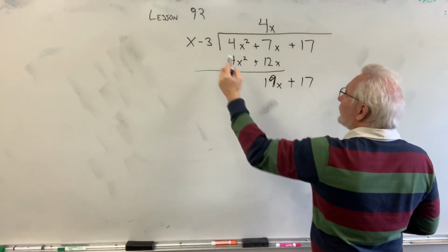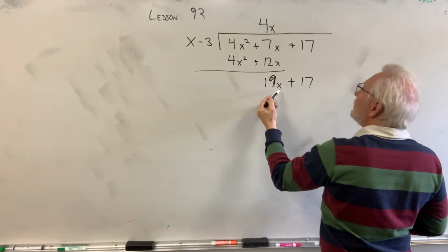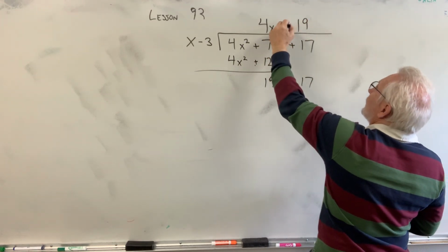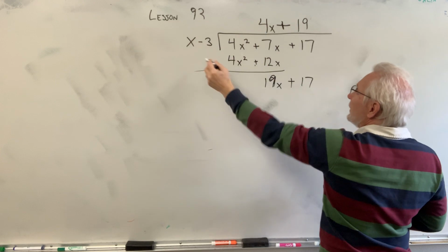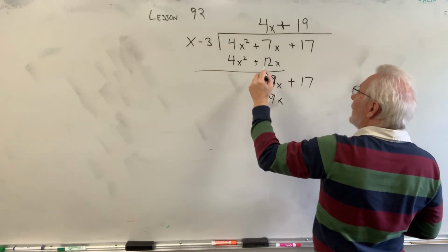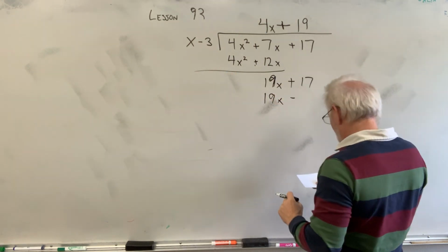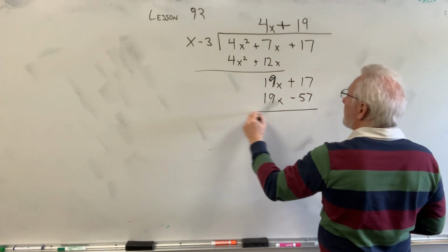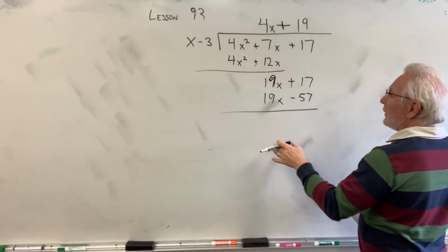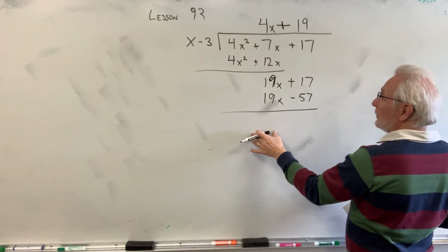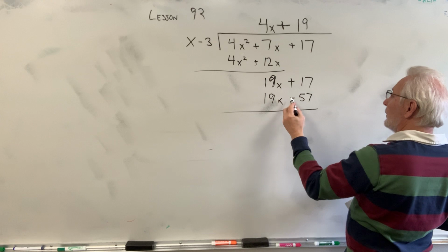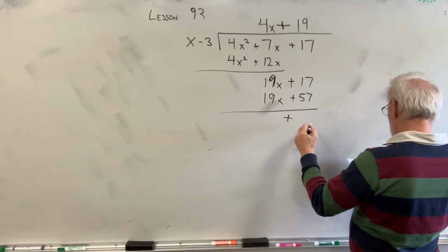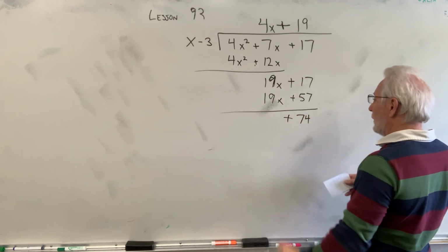Again, what times x will give me 19? Correct answer here is plus 19. 19 times x is 19x. And times a negative, that comes out to 57. 19x minus 19x is going to give me 0. Again, subtracting a negative is the same thing as adding a positive, so I end up with plus 74 right here.